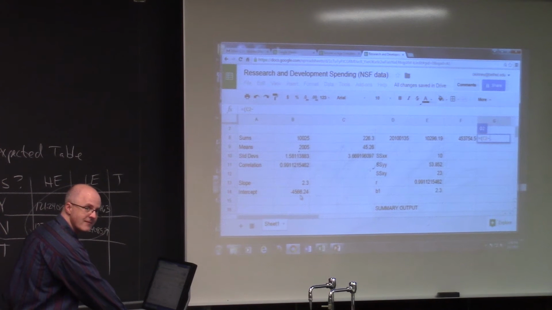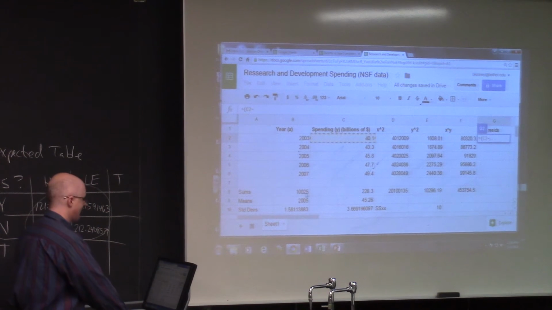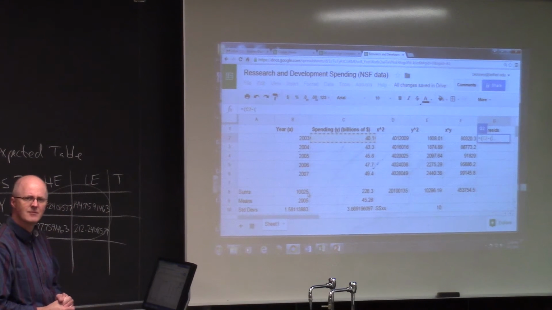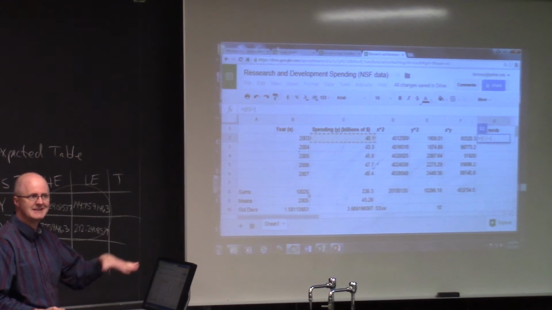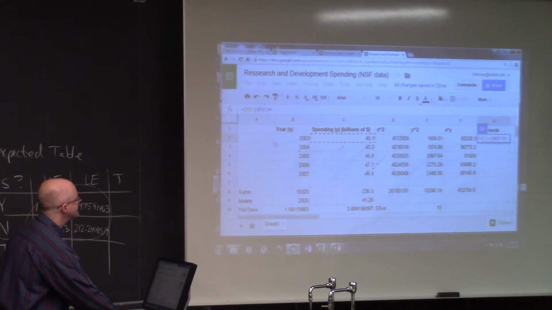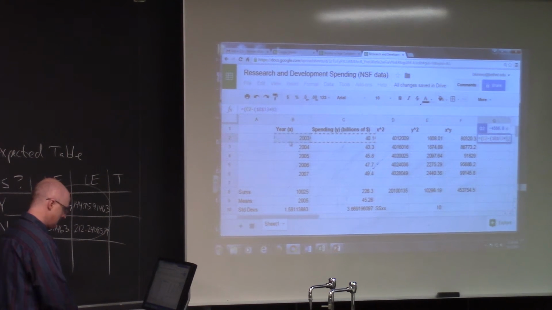Just remember that. Probably is a good idea to use parentheses here, because I'm going to be subtracting the whole thing. Or you could distribute the minus sign through, but probably better to use parentheses. The slope in B13 times this x value right there in B2 plus the intercept in cell B14.